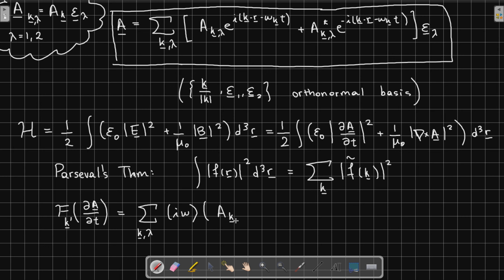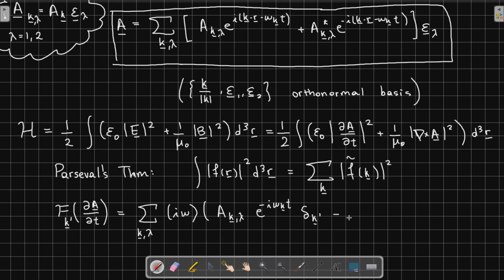So this will be a_kλ e^(-iω_k t) times δ_k,k′. This comes from taking the Fourier transform of e^(ik·r).